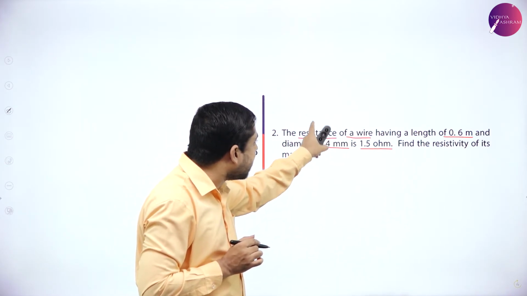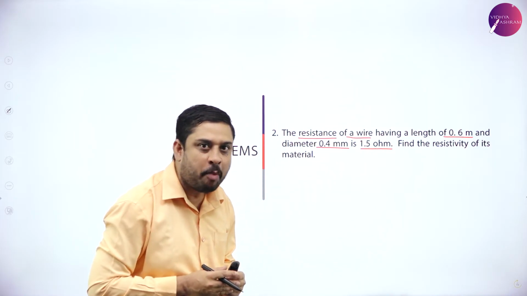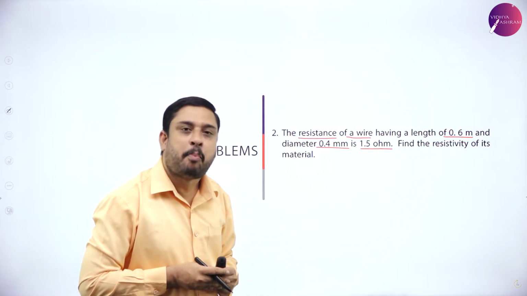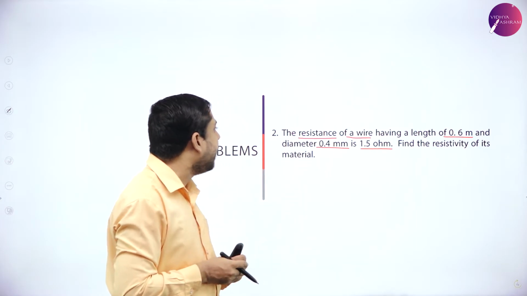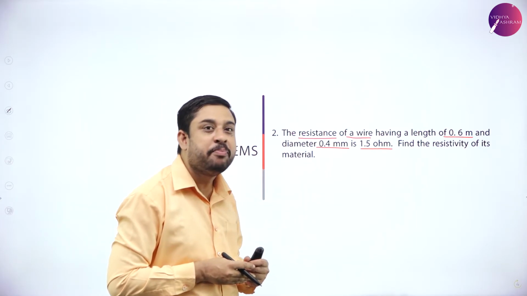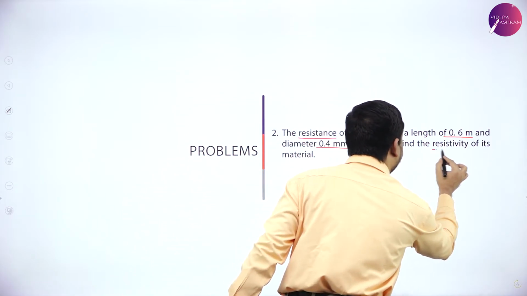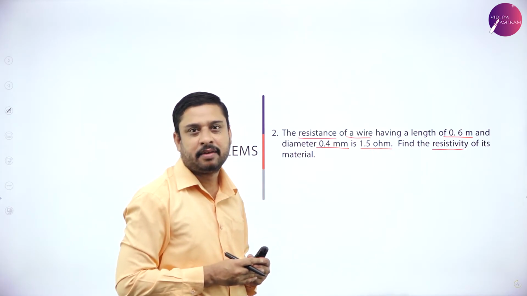The resistance of the wire is 1.5 ohm. Length of the wire is 0.6 meter. Diameter is 0.4 millimeter. We have to find the resistivity of its material.